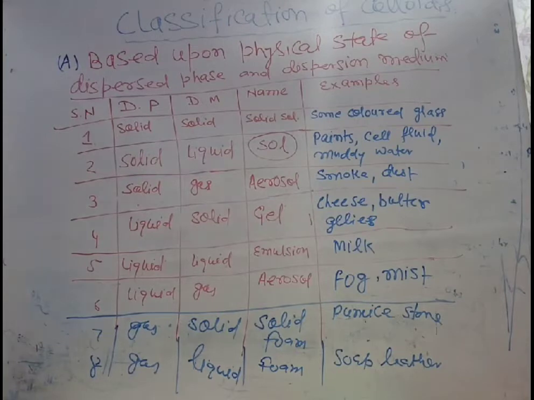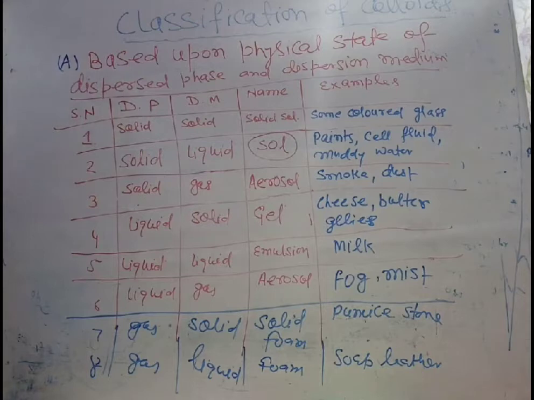In colloids, the size of solute particle lies in between 1 nanometer and 1000 nanometer, and dispersed phase are the component of a colloidal solution which is lesser in amount and having colloidal dimension and are dispersed in a medium called dispersion medium.